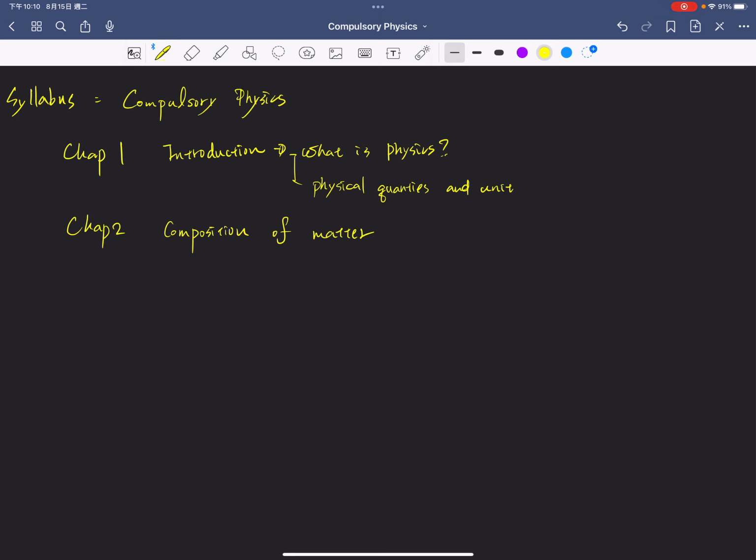However, what is the fundamental origin of matter? So in chapter 2 we're talking about the composition of matter. We will learn the structure of atoms and molecules, and particles. So all these will be great, and chapter 2 is really great.